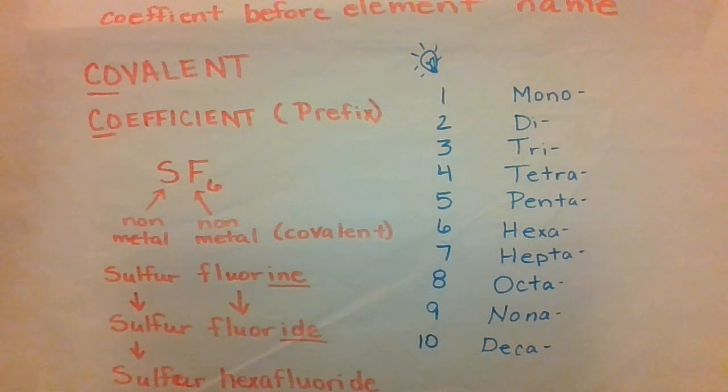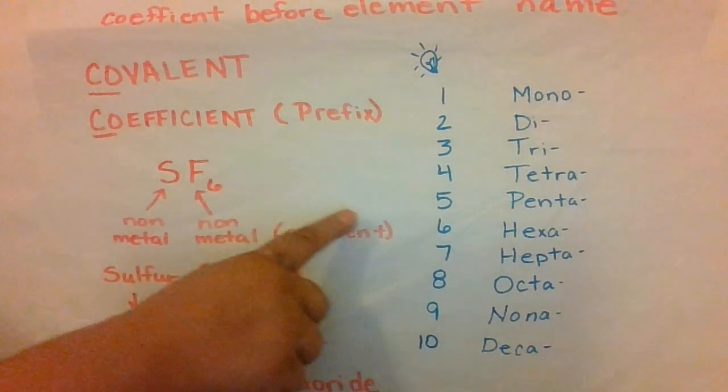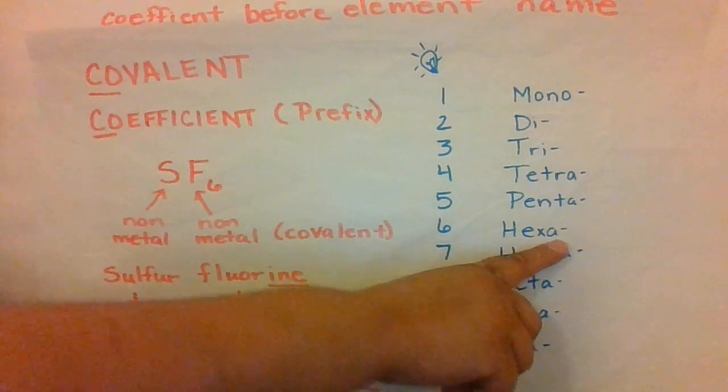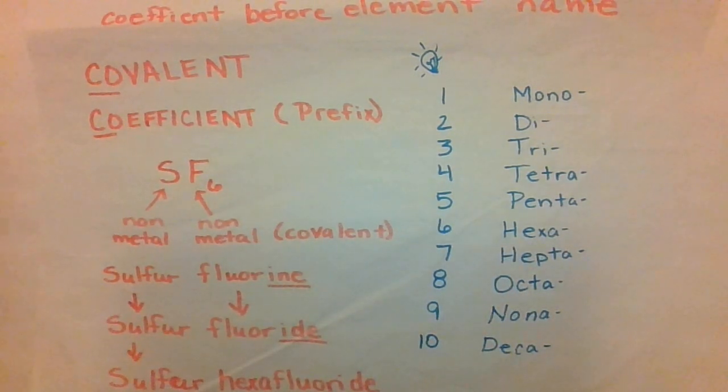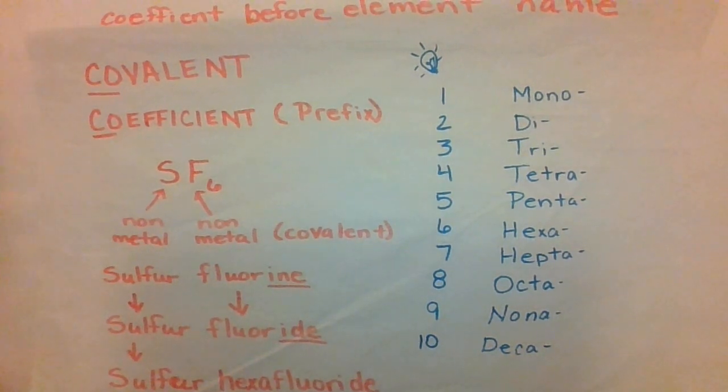Here we have 6 fluorines. Looking at our list, 6 goes with the prefix hexa. So here we're going to have sulfur hexafluoride.